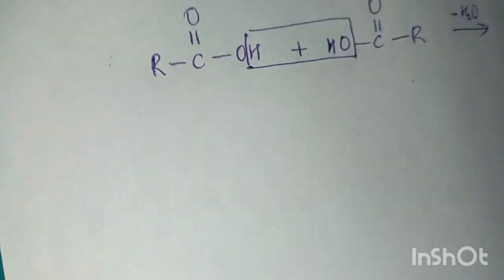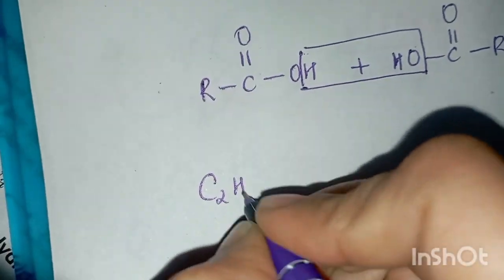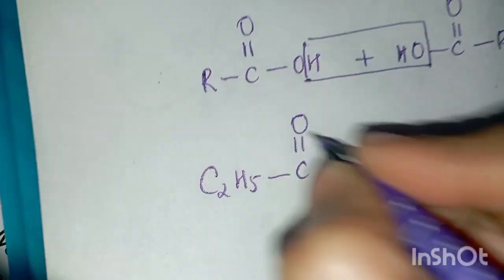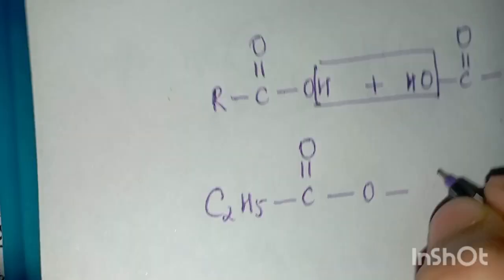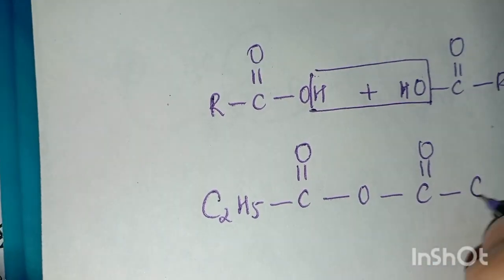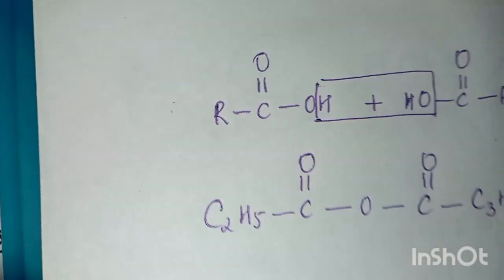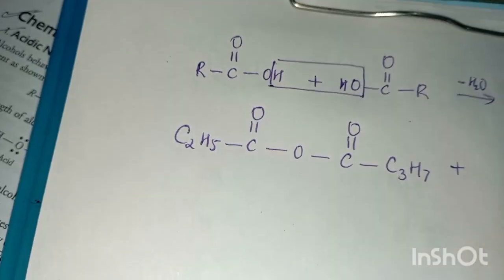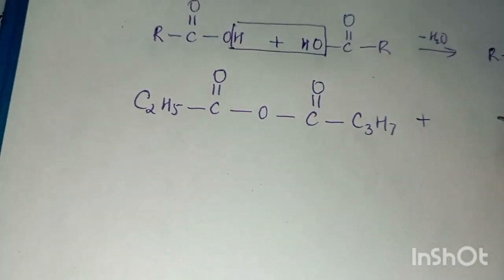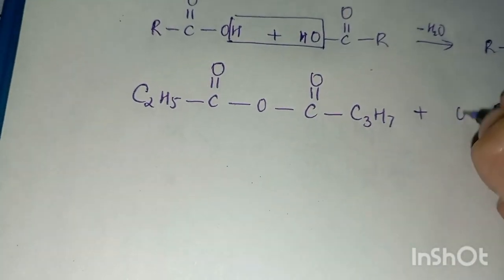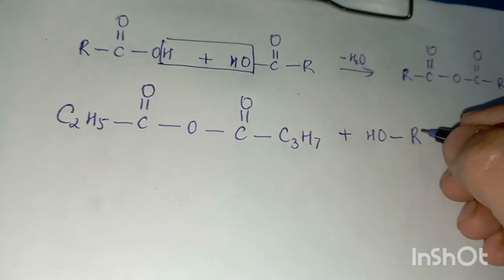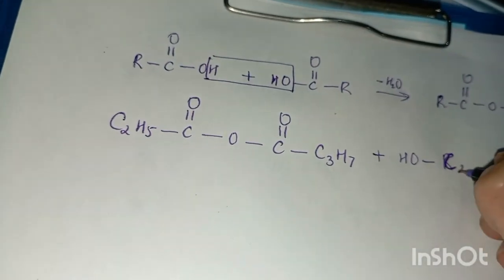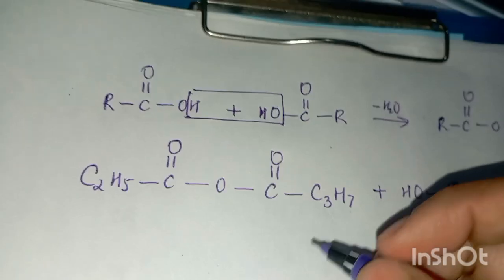So for example, we have taken here C2H5 C double bond O, O C double bond O, C3H7. Suppose we have taken this acid anhydride plus alcohol. In place of alcohol, I have taken ethanol, C2H5OH.